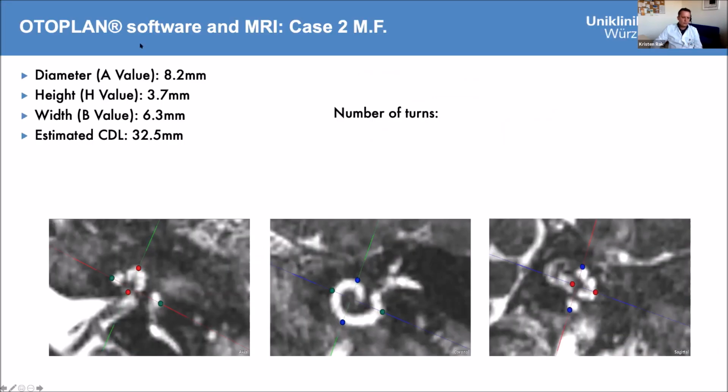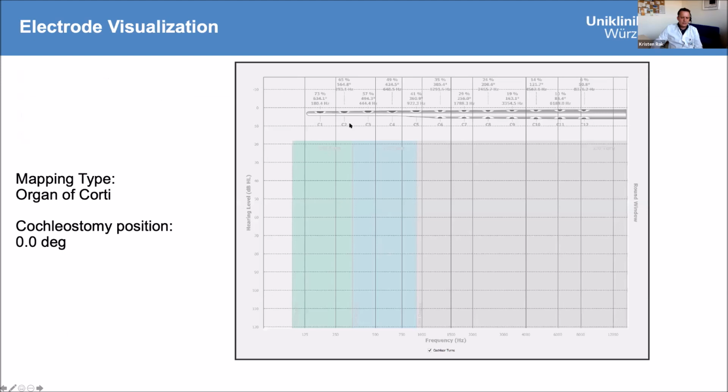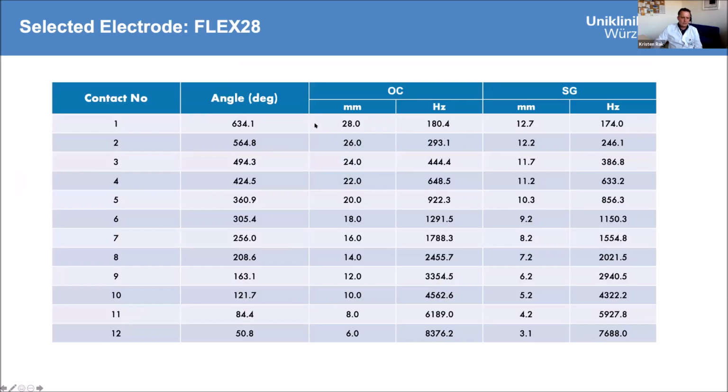Here I would show a short second case of a child where we use the AutoPlan software to do the measurement of the cochlear duct length in the AutoPlan with MRI. You can see here the patient has no residual hearing, so we selected a long electrode, a Flex 28 electrode, fitted well into this cochlea, and you can see then here the contact numbers of the organ of Corti and also the spiral ganglion.